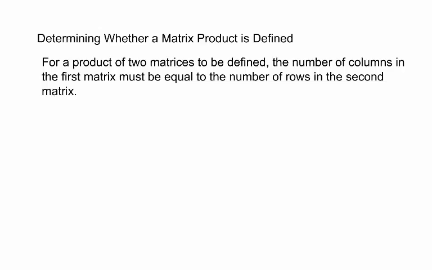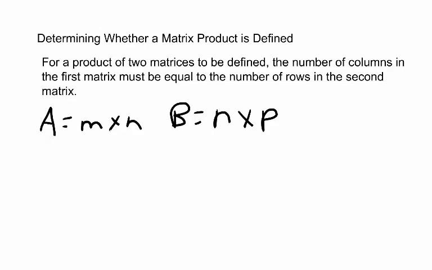In other words, our A matrix must be an m by n matrix, while our B matrix must be an n by p matrix. The number of columns in the first matrix must be equal to the number of rows in the second matrix.